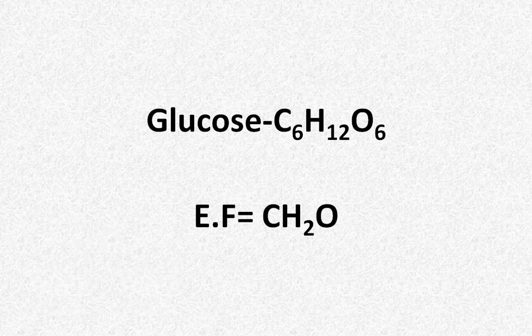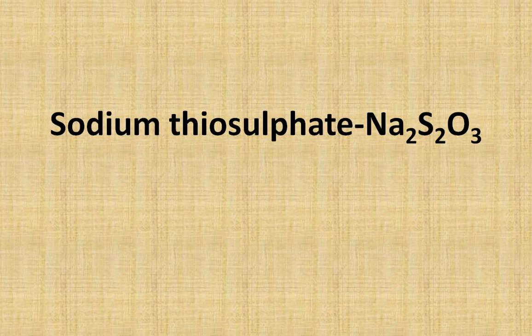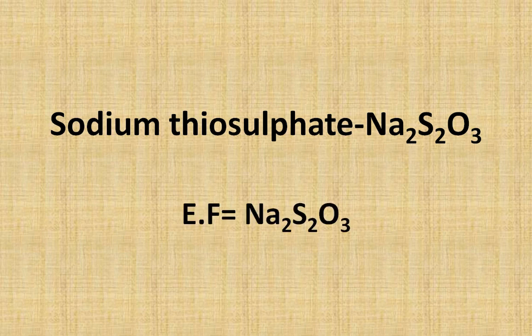That's why the empirical formula of glucose will become CH2O. But in sodium thiosulfate, the ratio of sodium, sulfur and oxygen is 2:2:3, which is not divisible by 2. That's why it will remain as it is.